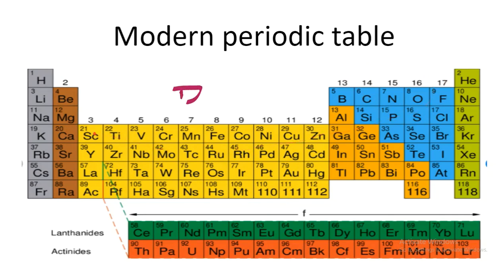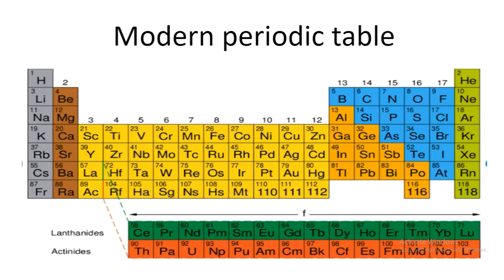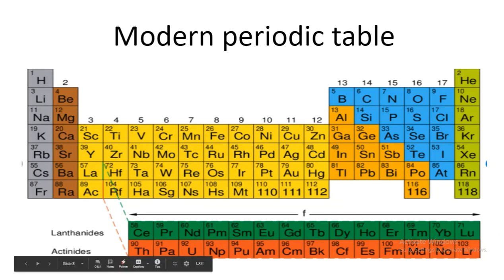In the middle, the yellow boxes are the d block elements. And the last one at the bottom, in the green and teal color combination, is the f block elements. That is called the s, p, d, f block elements. Let us move on and look into the detail of these things.